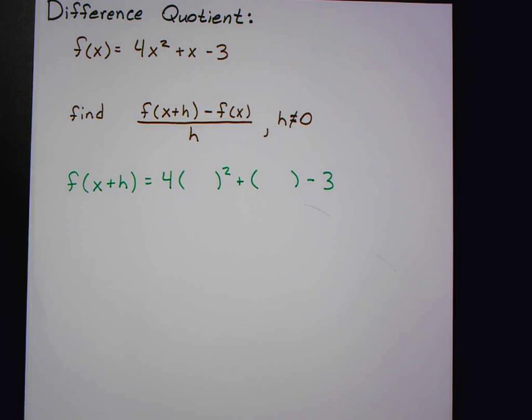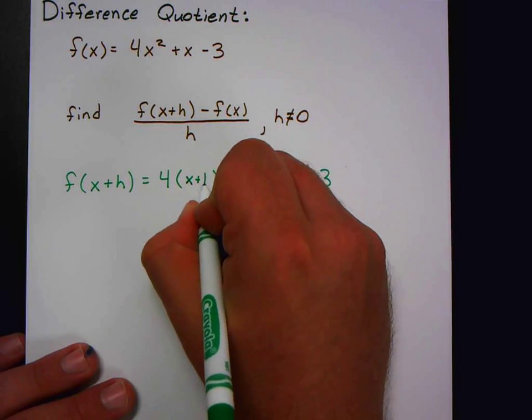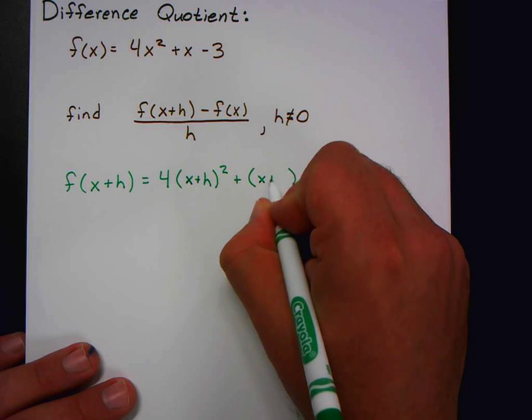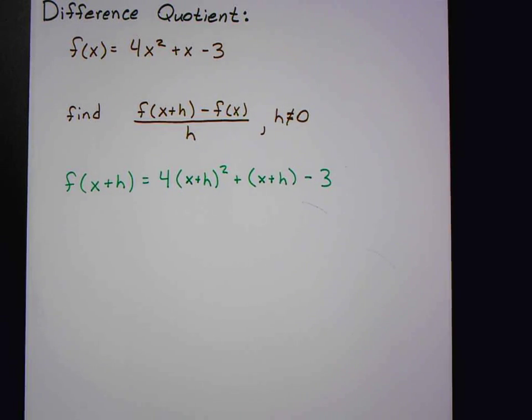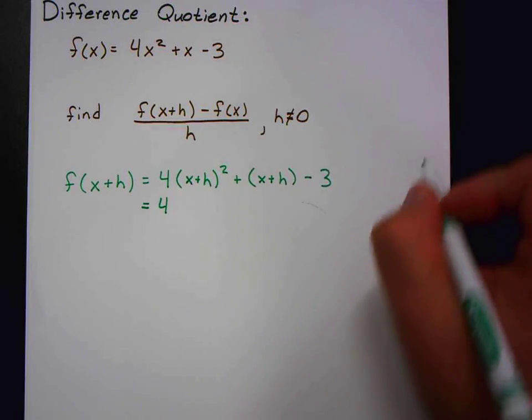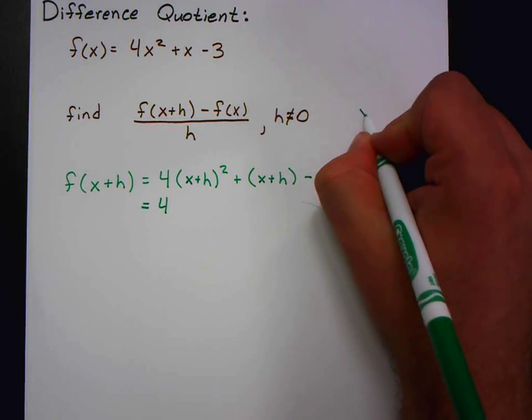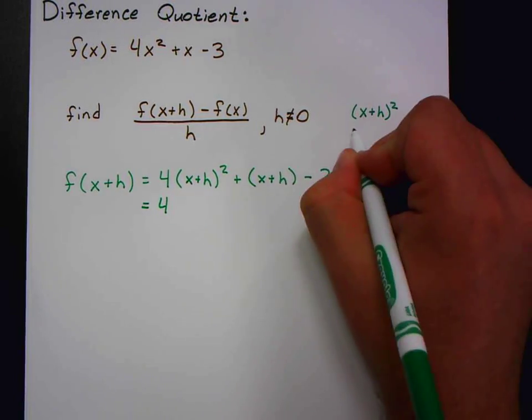Every place where there was an x, I'm going to write x plus h. Now it just comes down to simplifying. Now remember, whenever I do this, x plus h squared means I have to FOIL that.